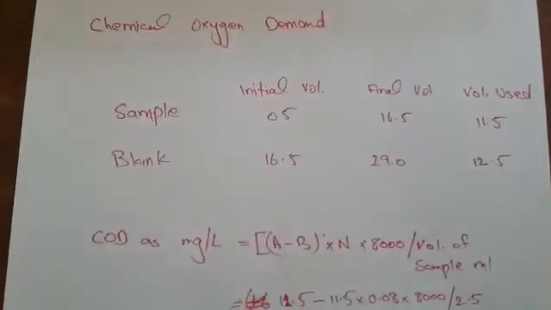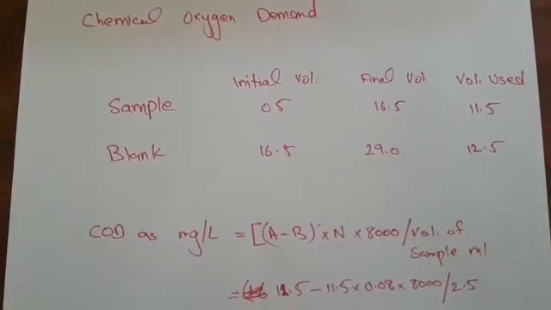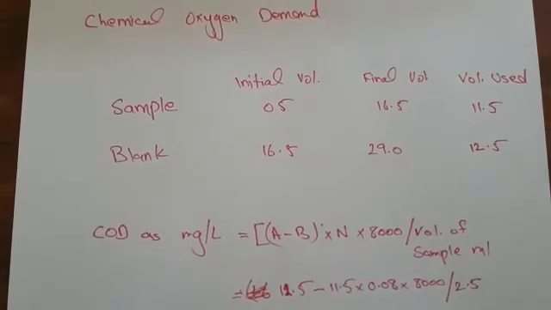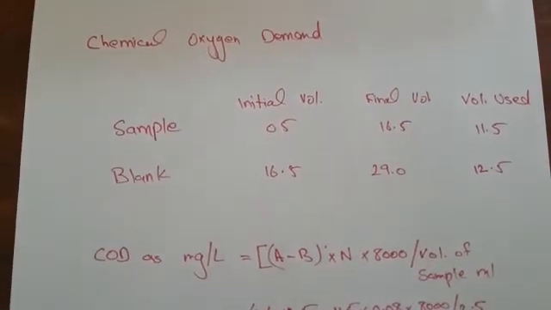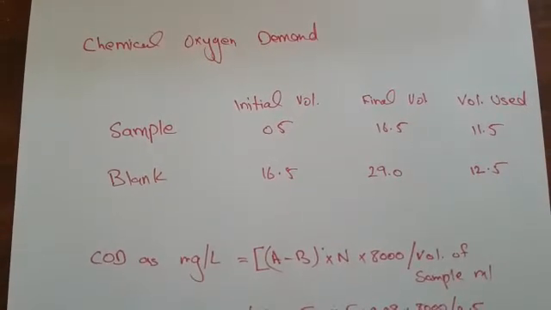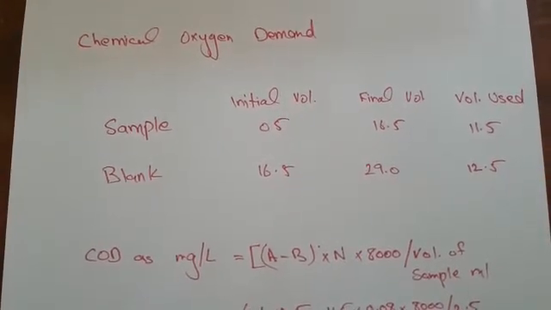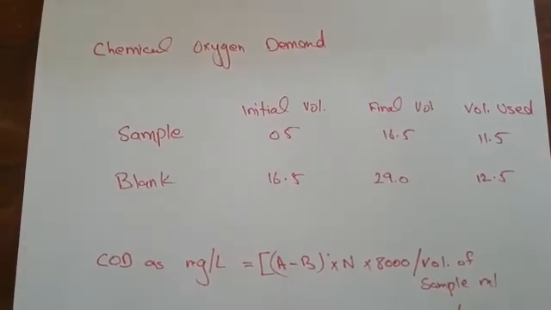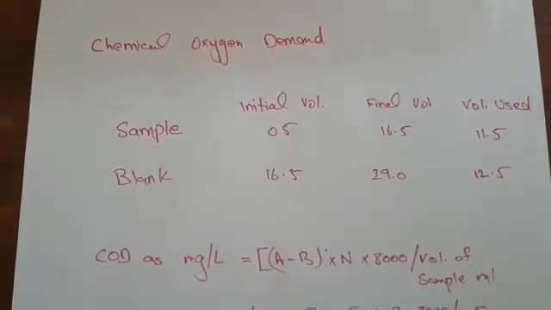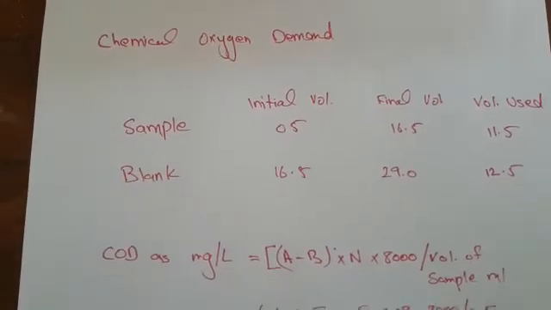The formula to determine the chemical oxygen demand in mg per liter is (A minus B) times N times 8000 divided by the volume of sample, where A is the volume used in blank and B is the volume used in sample, and N is the standardization factor of ferrous ammonium sulfate.